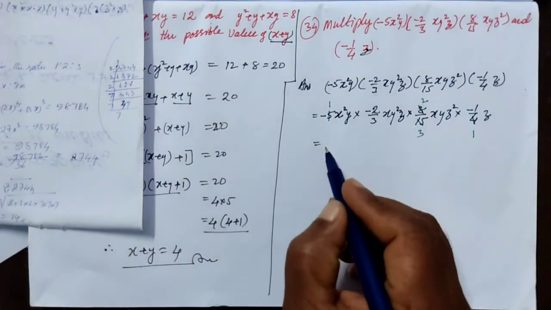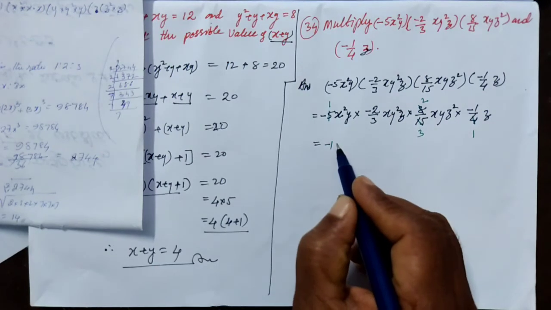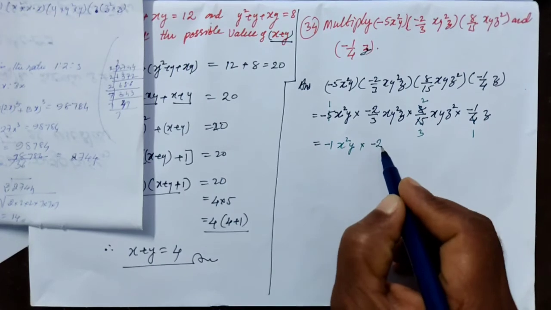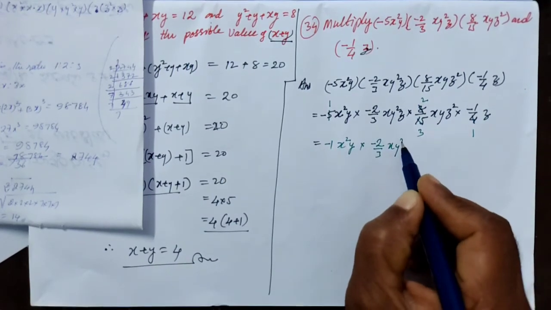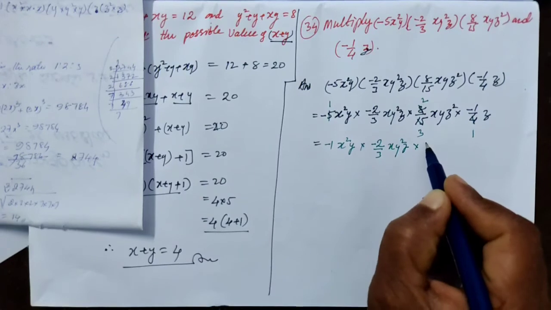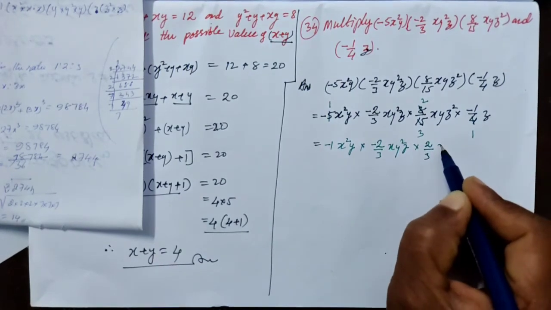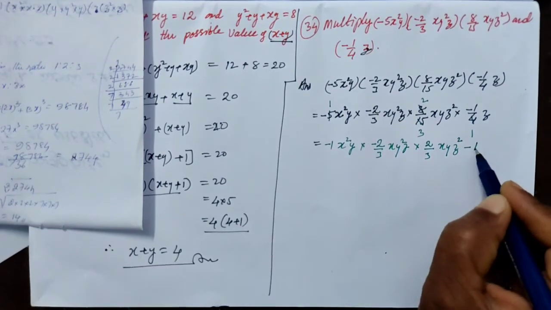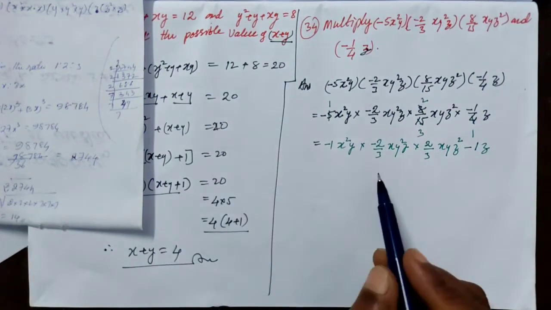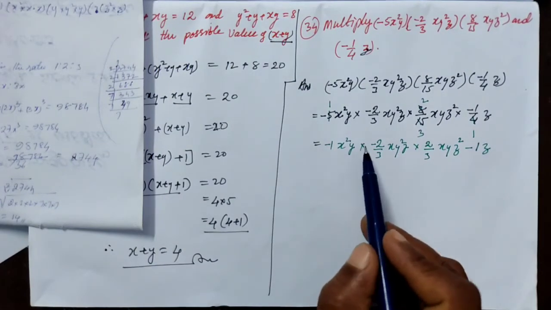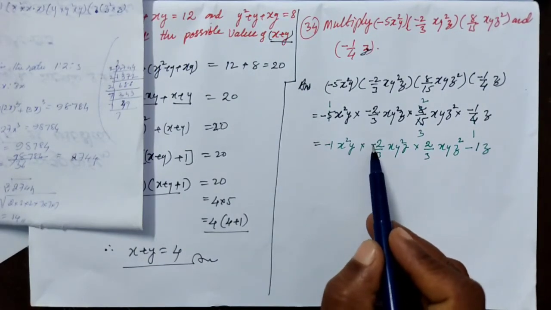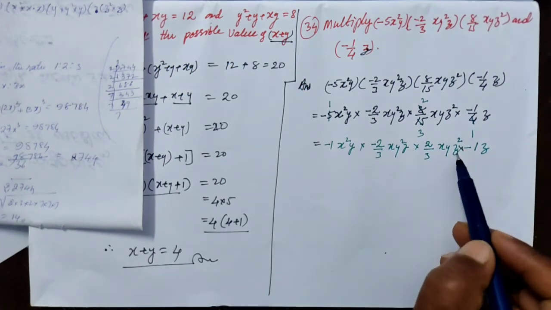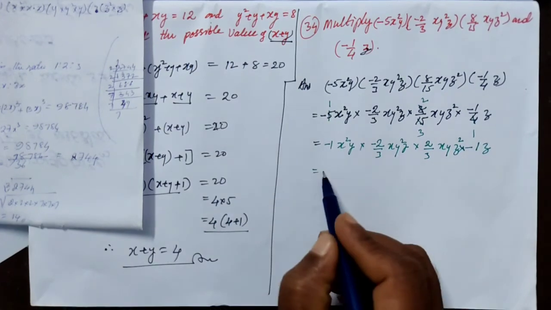So now minus 1 x square y into minus 2 by 3 x y square z into 2 by 3 x y z square into minus 1 z. Okay, minus into minus is plus, plus into plus is plus, and plus into minus is minus, minus.